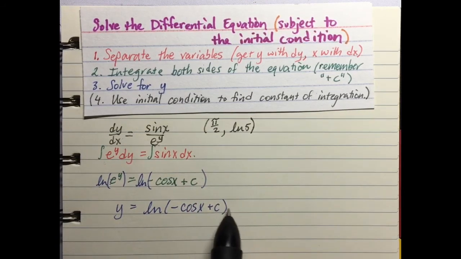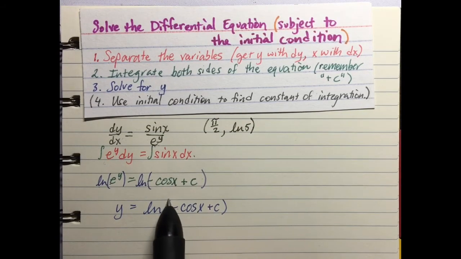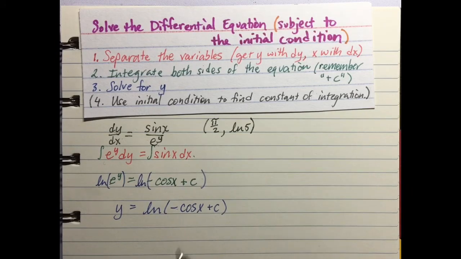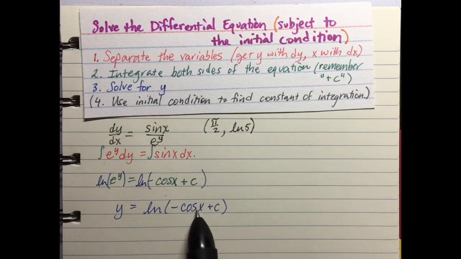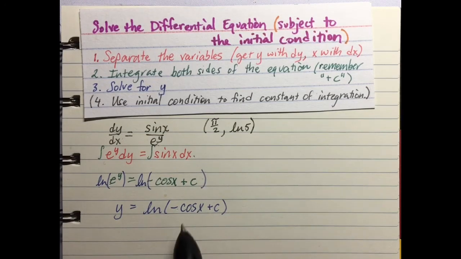And I know you're probably thinking, but wait a minute. You can't take the natural log of a negative. Shouldn't that have absolute values on it or something? Probably not, because the plus c is actually going to take this negative cosine x and move it up into a place that will never be taking the natural log of a negative. So we actually don't have to worry about that.